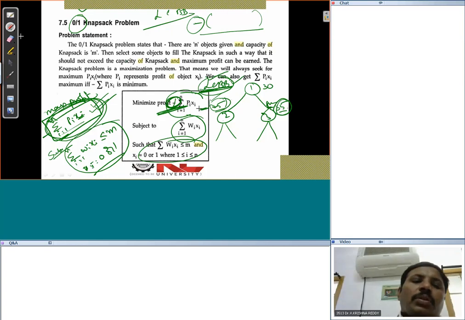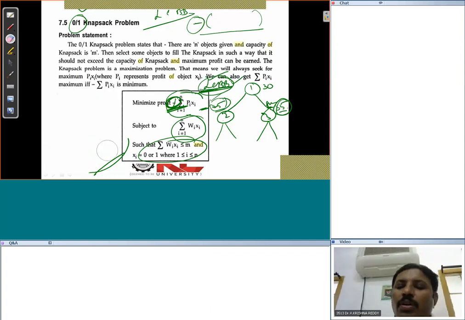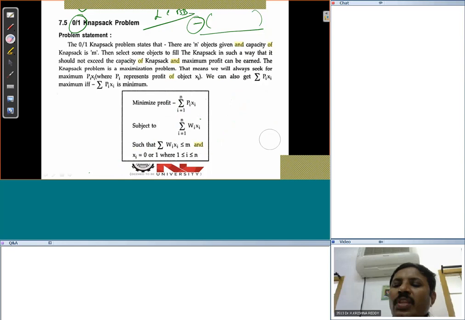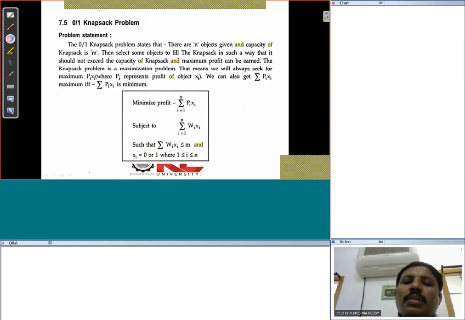So for the 0/1 knapsack problem, in the implementation in branch and bound, a small modification is there in the problem statement. Every time we specify maximum profit value, but here we minimize the profit with the value of minus. Out of the solutions, one is 35, another is 40, another is 42.